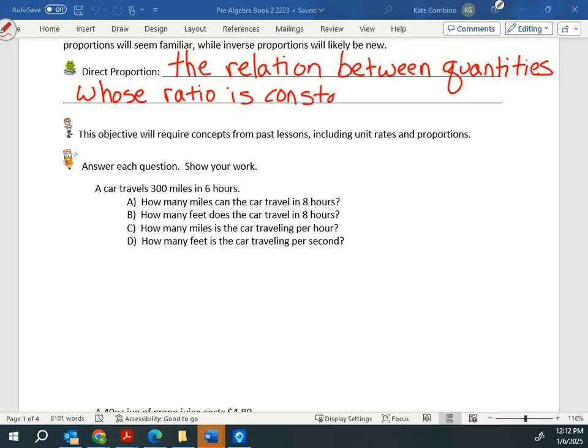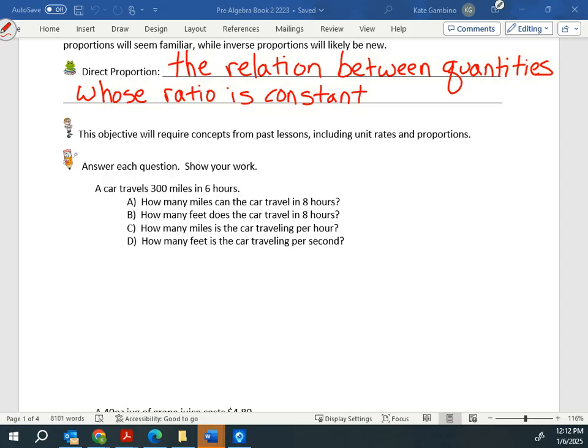So we learned about those ratios. Now we're going to look at it with the eye of proportions. If we understood the ratios and we felt comfortable and confident with ratios, proportions is going to come easier for us. This objective will require concepts from past lessons, including unit rates and proportions.